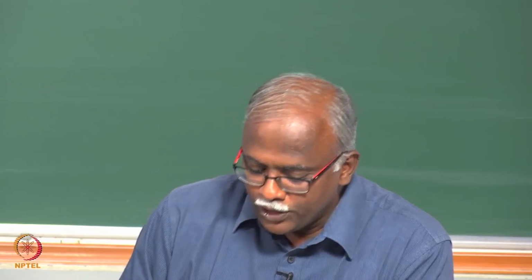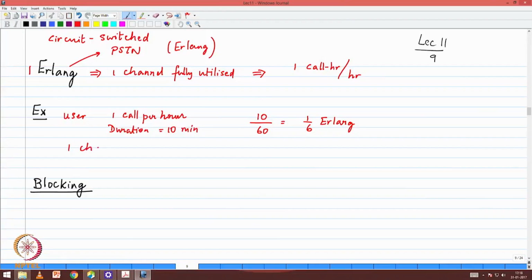So now the question that arises is, I have 1 channel which can carry the traffic of 1 Erlang, and I have a user which generates 1/6 Erlang, can I say I can now support 6 users? The answer is yes and no. Yes, if all of them are perfectly multiplexed statistically.